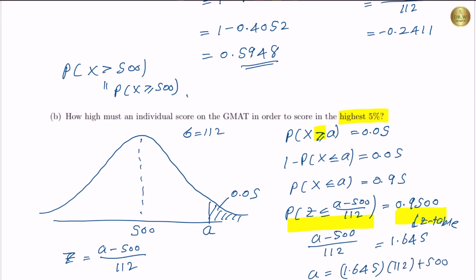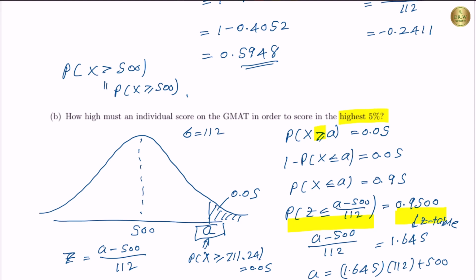So this is 711.24. That is the A value. That means the probability of X greater than or equal 711.24 equals 0.05. Actually we were looking for A, and A is 711.24.